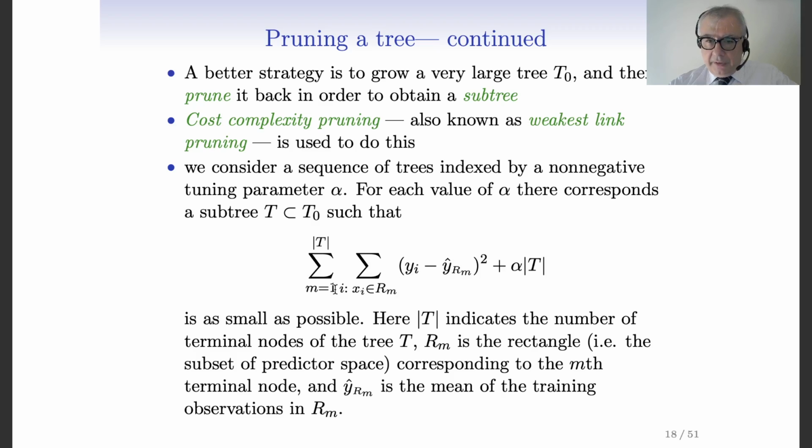Here, the meaning of the sum of squares is quite clear. This is the sum of squares for a given region, for a terminal node, and here we are considering all the terminal nodes with the constraint that we are not going to exceed the number of terminal nodes of that tree, which by definition is indicated in this way. This is the cardinality of the set.